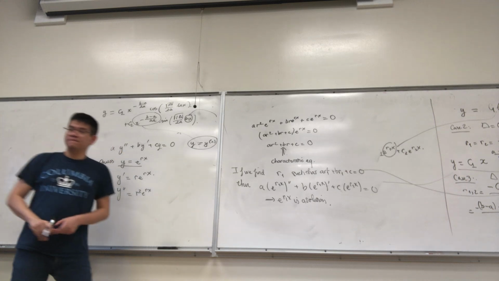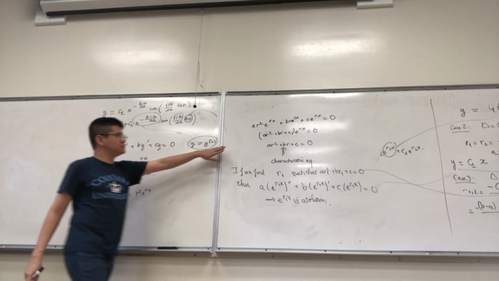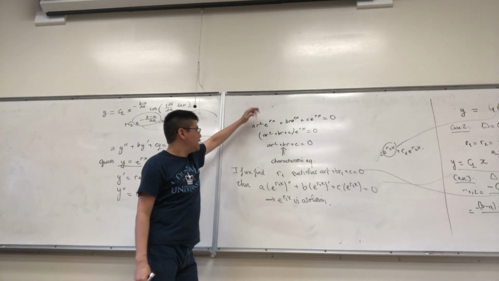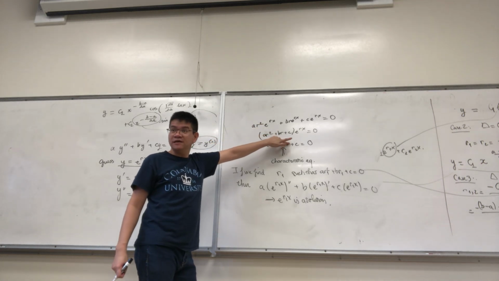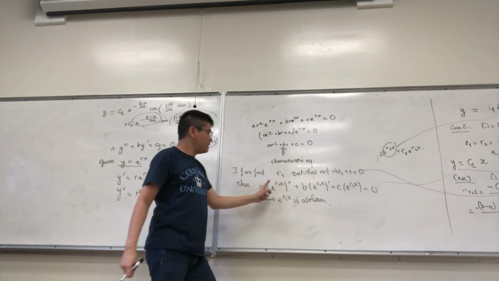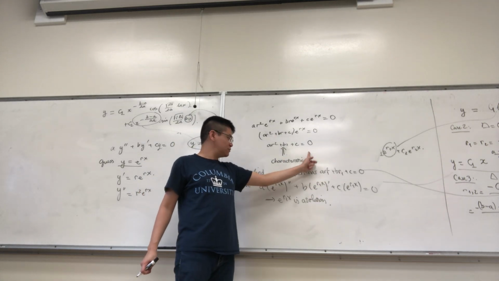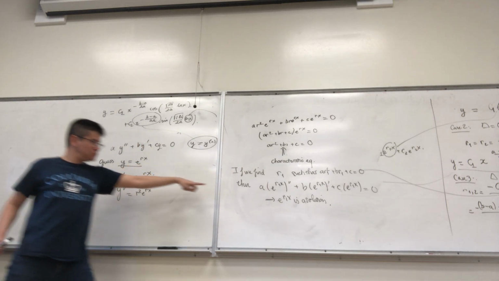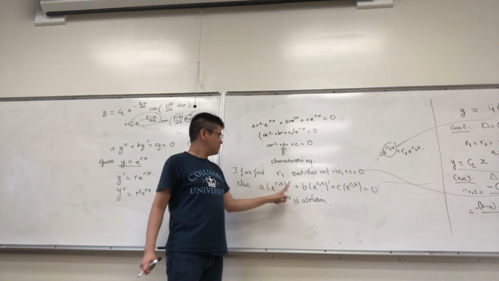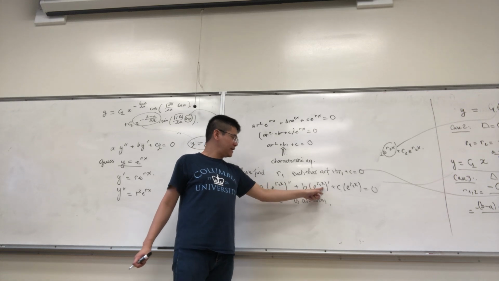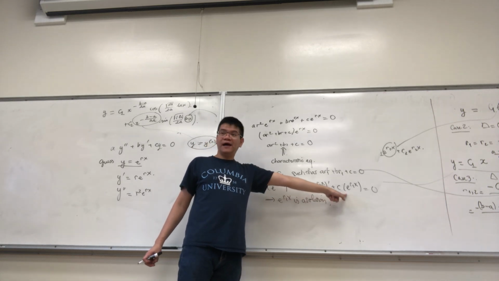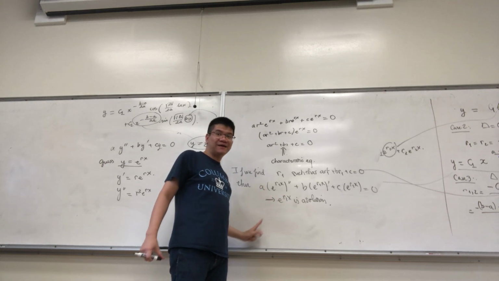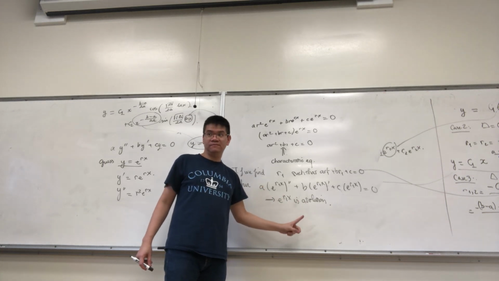So after I guess the form of the solution to be e to the rx, I plug it into the equation, and I get a r squared plus b r plus c is 0. Now if I can find R1 such that this is 0, I can trace back, which means that this is a solution. And this is where the characteristic equation comes from.